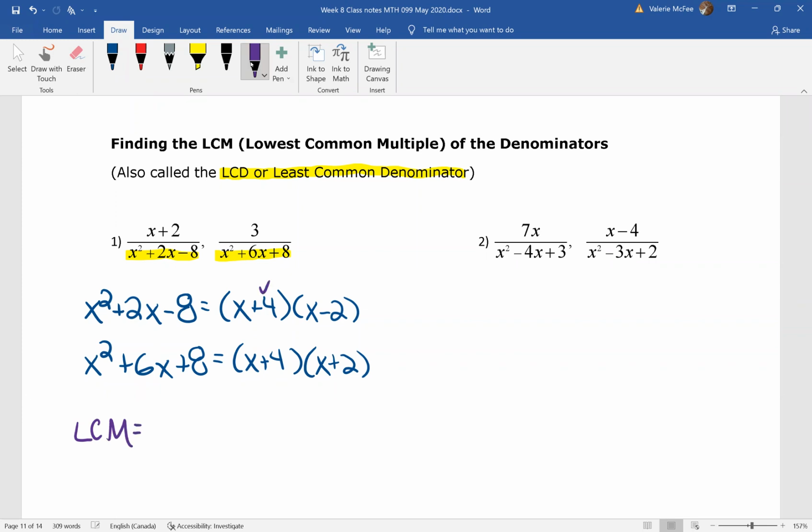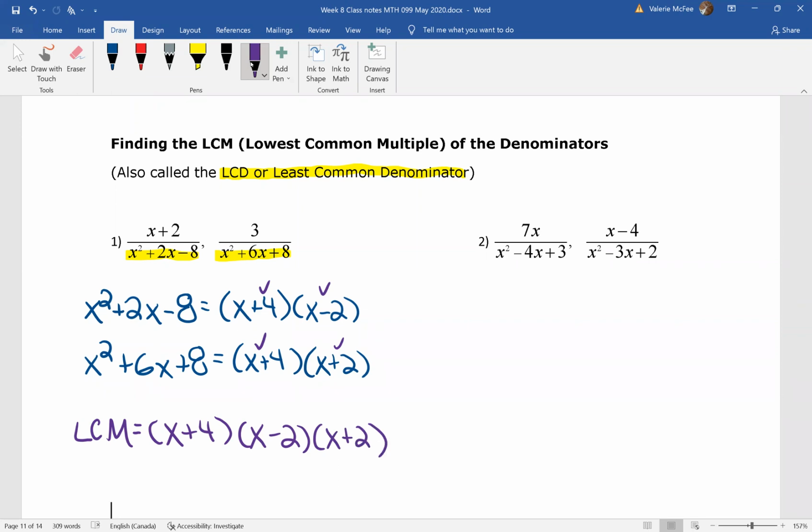We use all of the factors from our first expression. And when we look at our second expression, we see we already have x plus 4. We don't need another one, but we do need the factor of x plus 2.